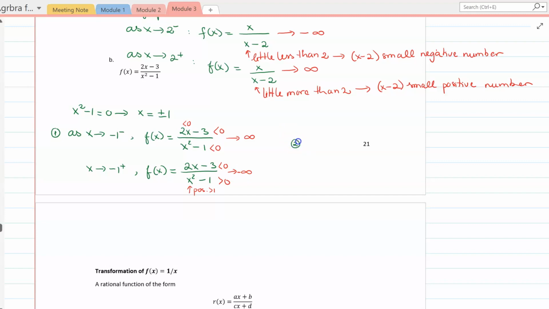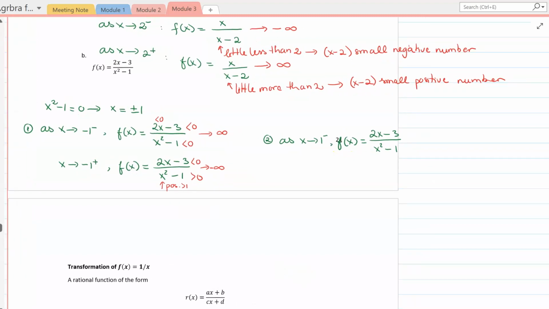In the second case, as x approaches 1 from the right, f of x is equal to 2x minus 3 divided by x squared minus 1. So let's start with the left first. From the left, okay, if x approaches 1 from the left, well, 1 from the left is a little less than 1. So then this right here is less than 0. 2 multiplied with a number that is a little less than 1.